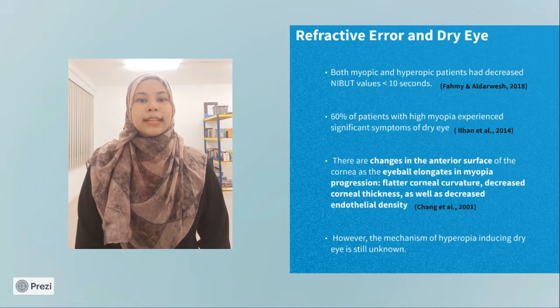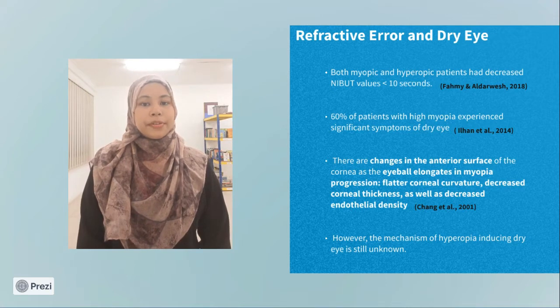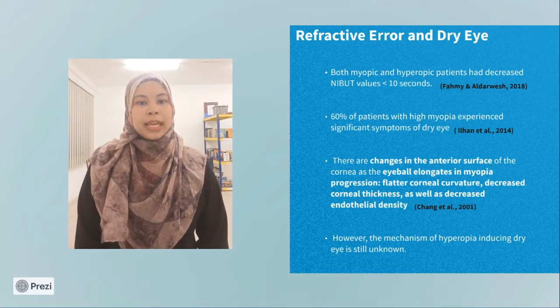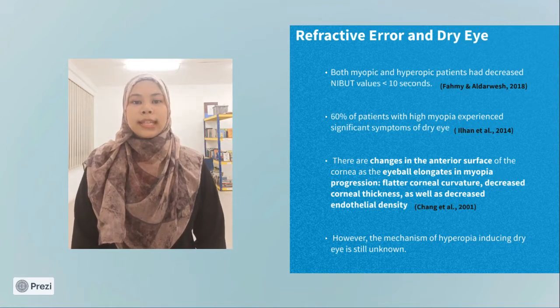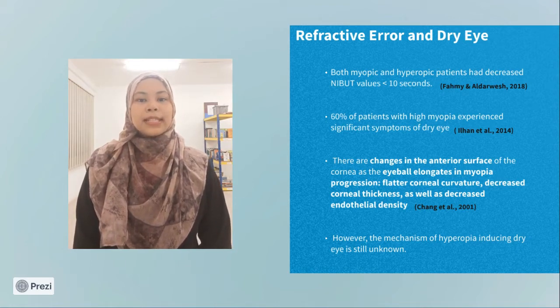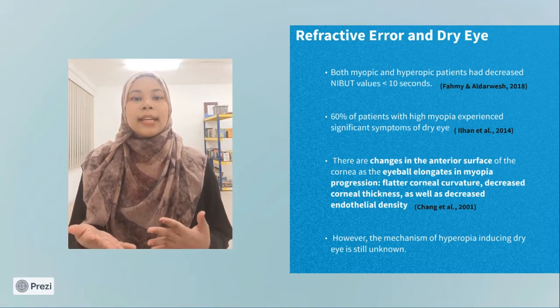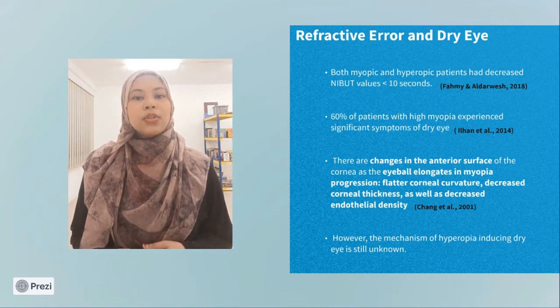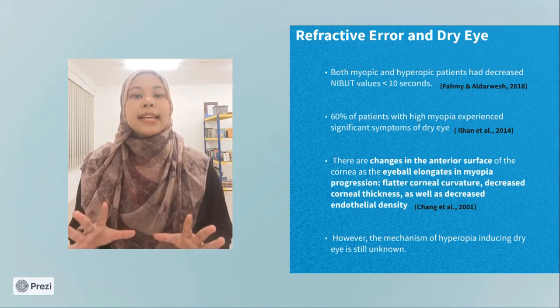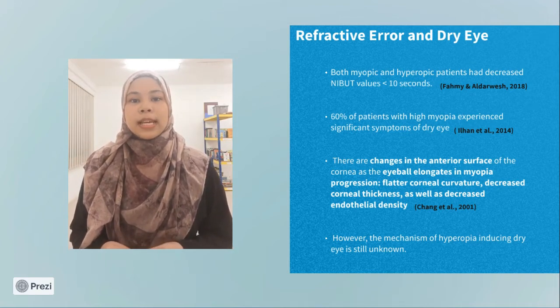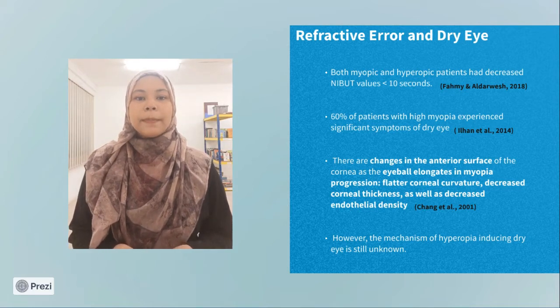Next, we look at the association between refractive error and dry eye. According to the research conducted by Fahmi and Al-Darwesh in 2018, NIBUT and TMH assessment revealed that both myopic and hyperopic patients had considerably decreased NIBUT values of less than 10 seconds, which indicates dryness in 61% of the subjects compared to emmetropia.